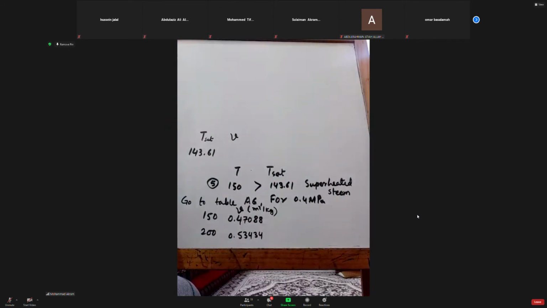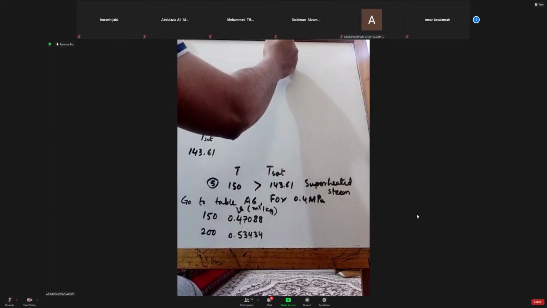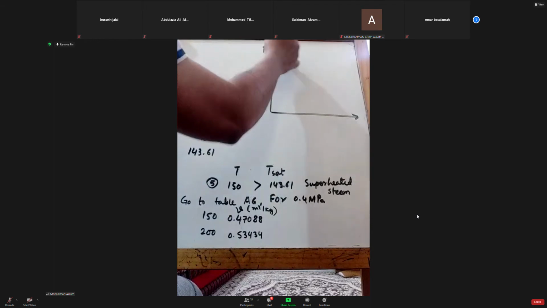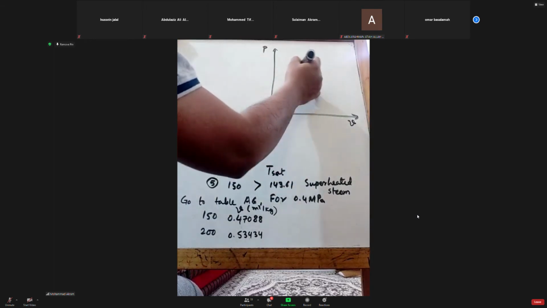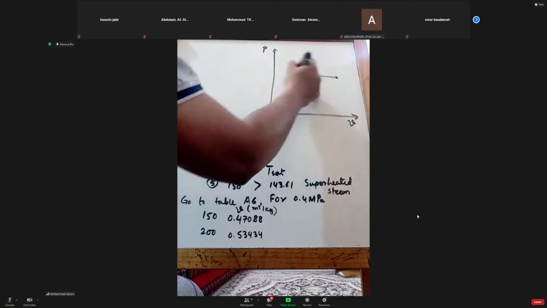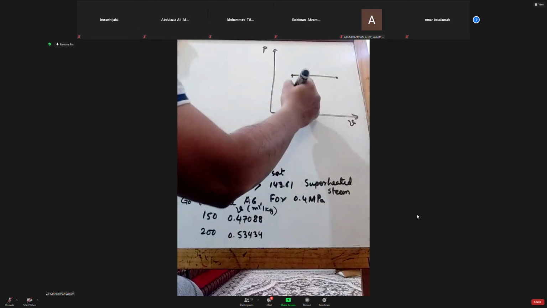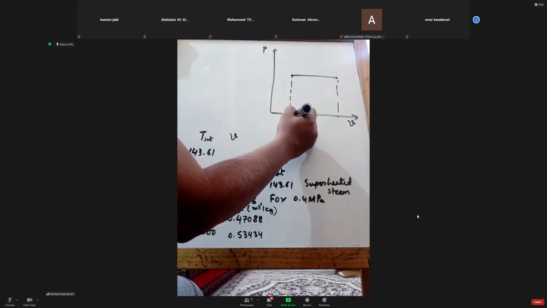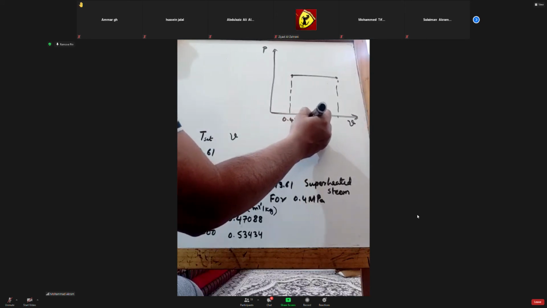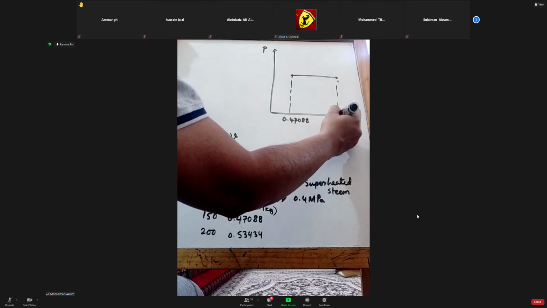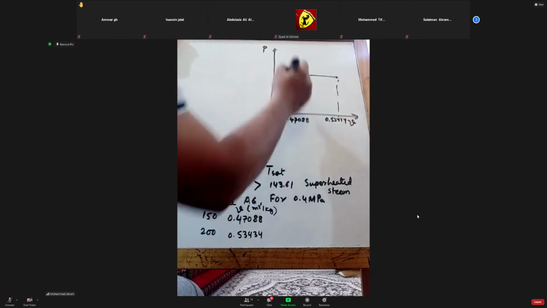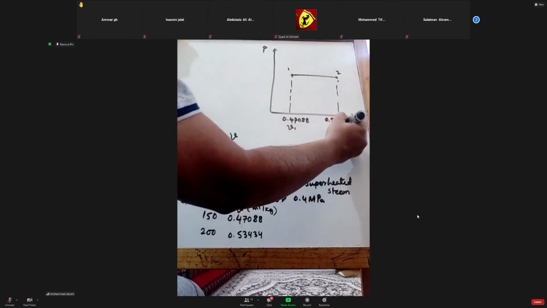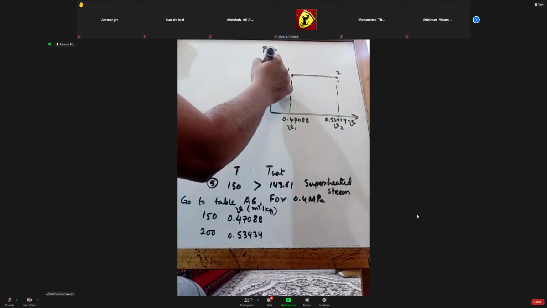I can also draw the PV diagram for this. P is constant, and the specific volume is increasing. This is 0.47088 and this is 0.53434. This is 1, 2. This is V1, V2. P is the same.